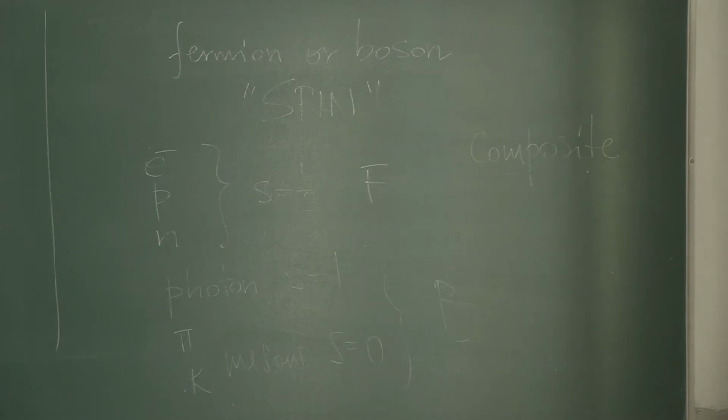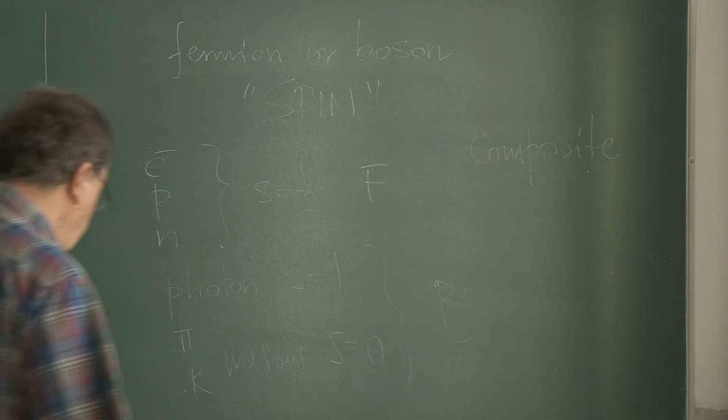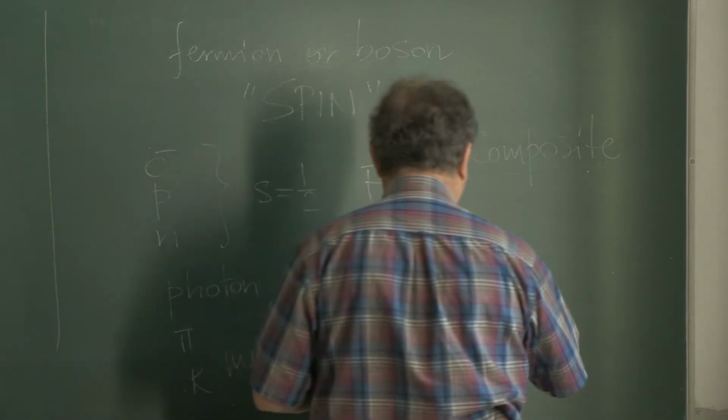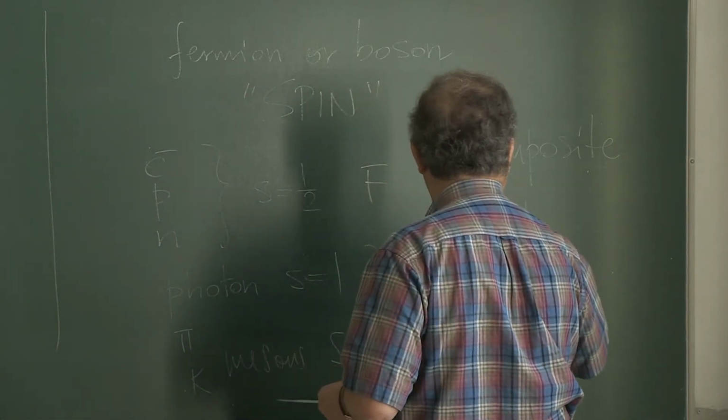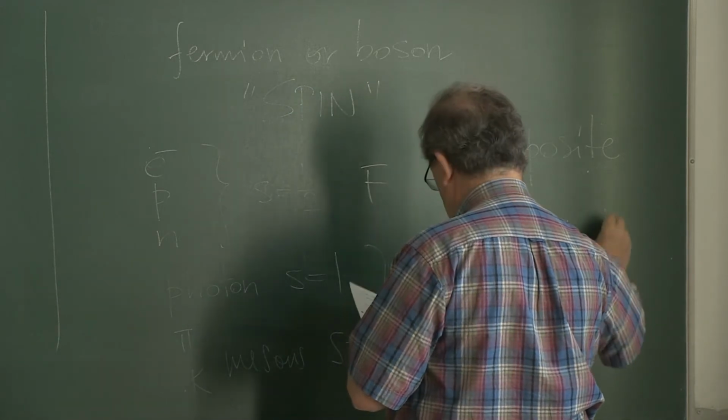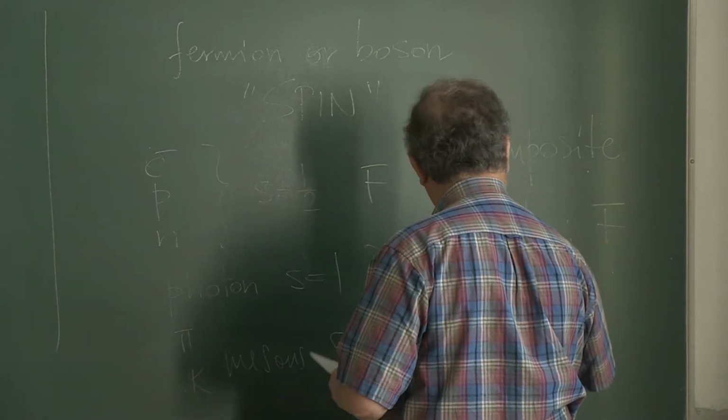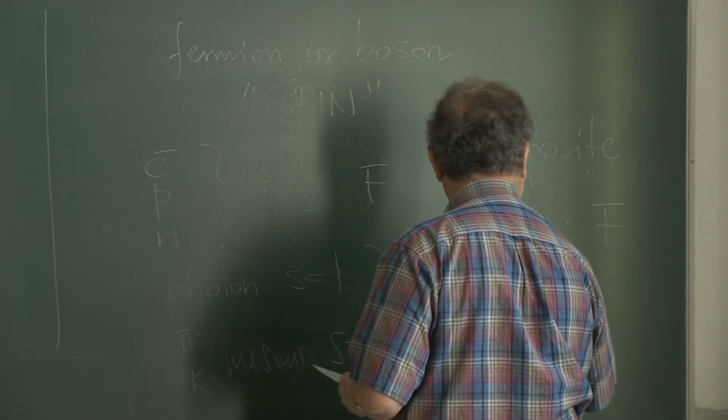So if you have an even number of electrons, you have a boson. An odd number of electrons, you have a fermion. For example, helium-3 is a fermion. Helium-4 is a boson, isn't it?